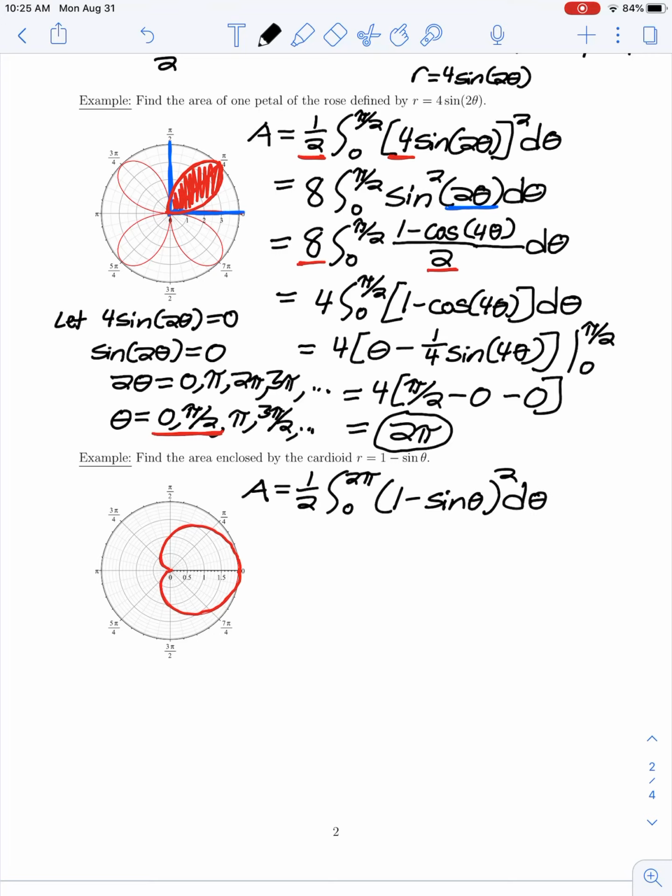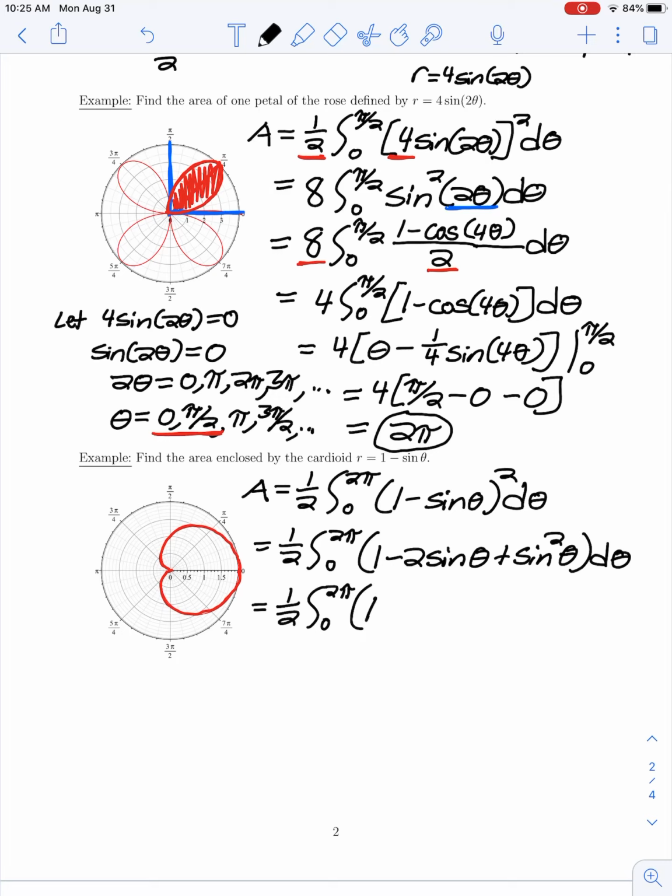So in order to integrate this, let's expand. We have a 1/2 integral from 0 to 2 pi of, expanding 1 minus sine squared, we have 1 minus 2 sine theta plus sine squared theta d theta.